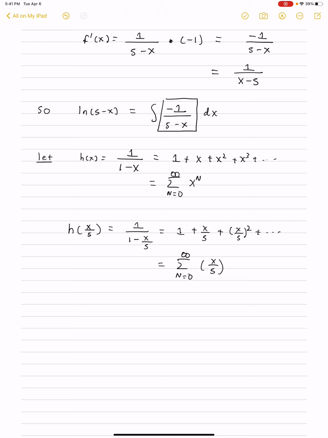I'm going to take this series representation, 1 over 1 minus x over 5, and I'm going to multiply it by this quantity, minus 1 over 5. And on the right hand side I'll have minus 1 over 5 times 1 plus x over 5 plus x over 5 squared, and so on.